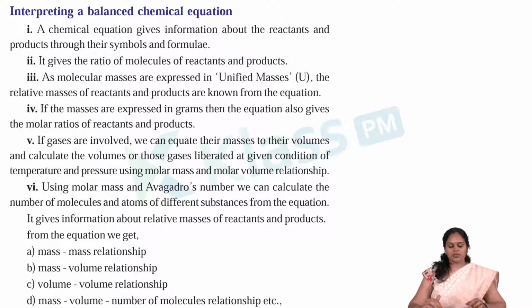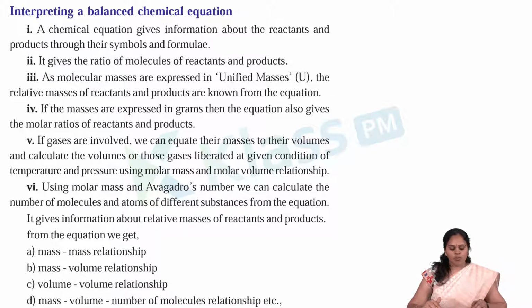A chemical equation gives information about the reactants and products through their symbols and formulae. It gives a ratio of molecules of reactants and products. As molecular masses are expressed in unified masses, indicated by u, the relative masses of reactants and products are known from the equation. If the masses are expressed in grams, then the equation also gives the molar ratios of reactants and products.